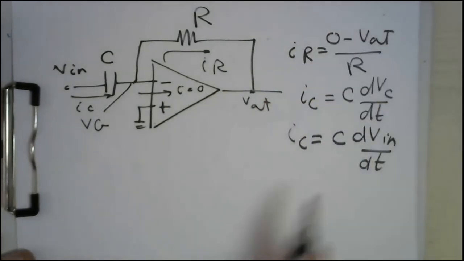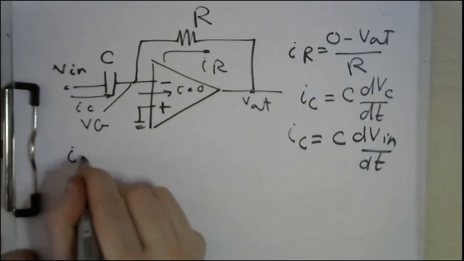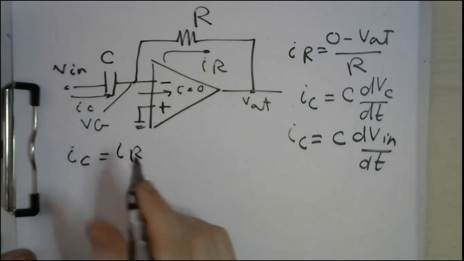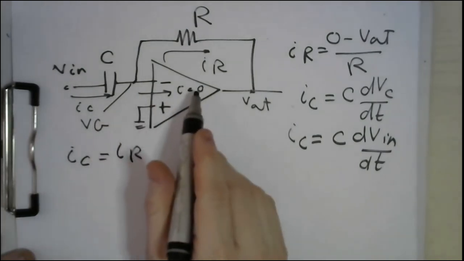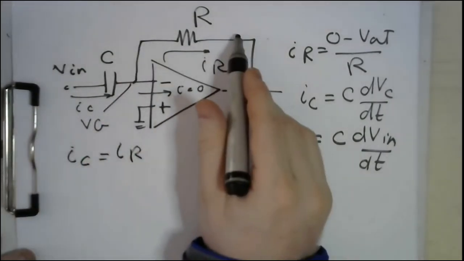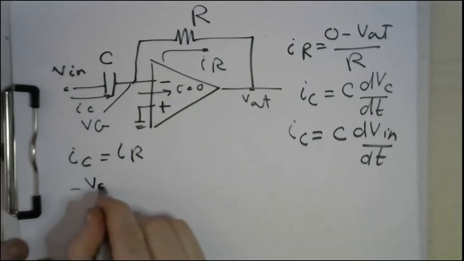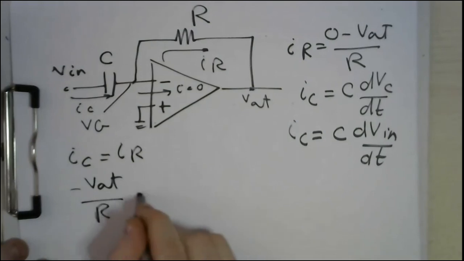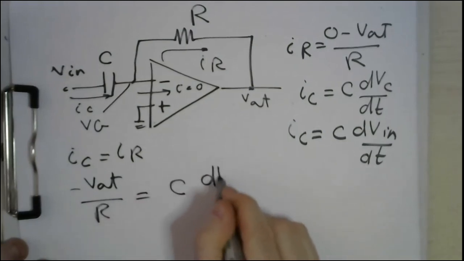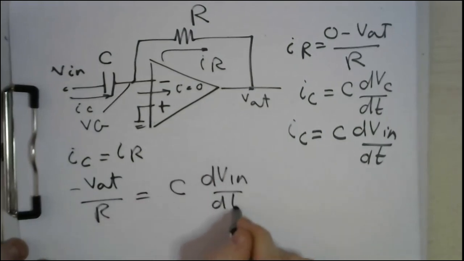Now let's link these two equations, because IC equals IR, as no current is flowing inside the operational amplifier, so the current here will go directly there. Accordingly, minus V out over R equals C dVn by dt.